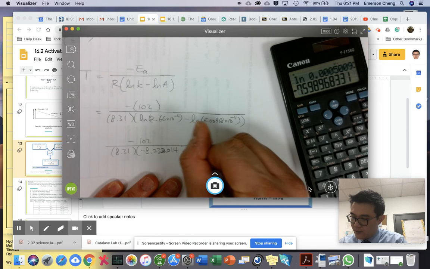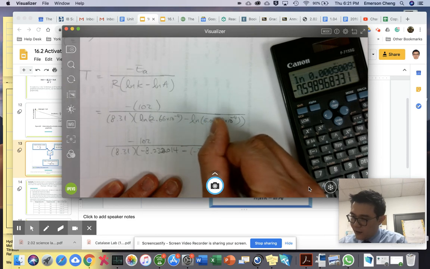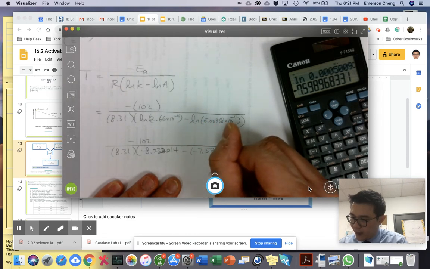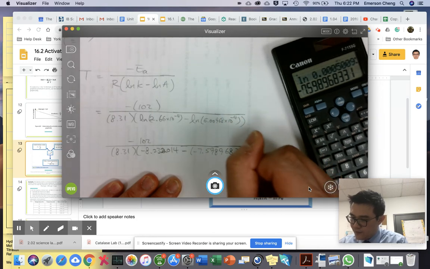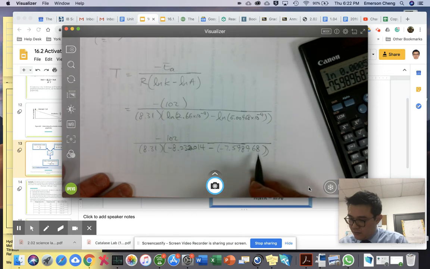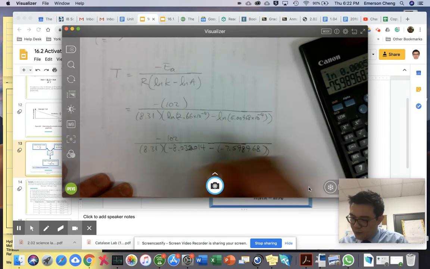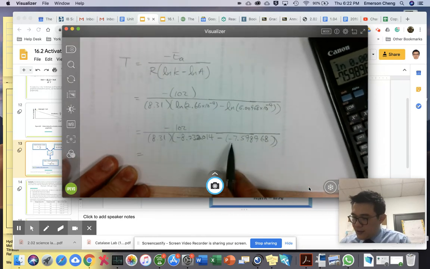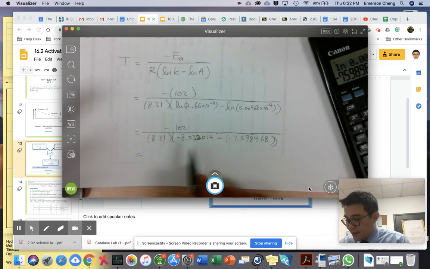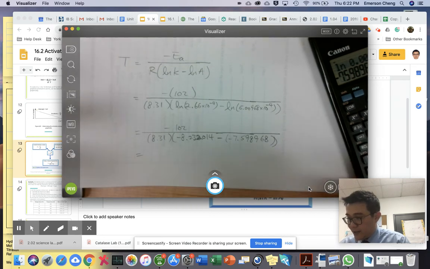Keep in mind, this is minus another minus number. For clarity's sake, I'm just going to write everything out. Minus and minus is really a plus, but it's a plus to a negative number.